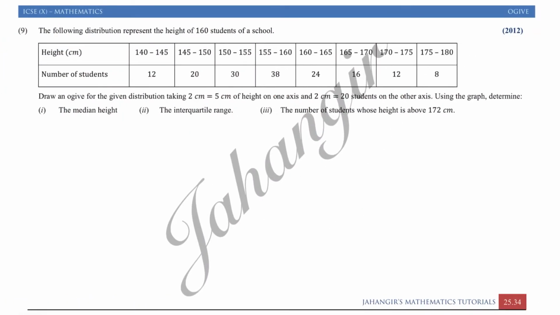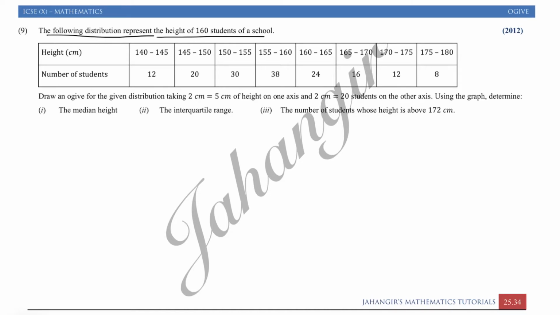Question number 9. The following distribution represents the height of 160 students. Heights and number of students are given. Height starts from 140 and ends at 180 with a gap of 5 in between. The number of students is 12, 20, 30, 38, 24, 16, 12, 8.